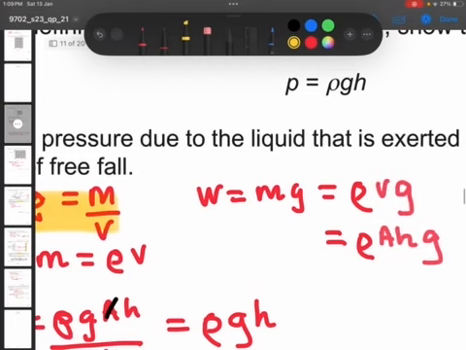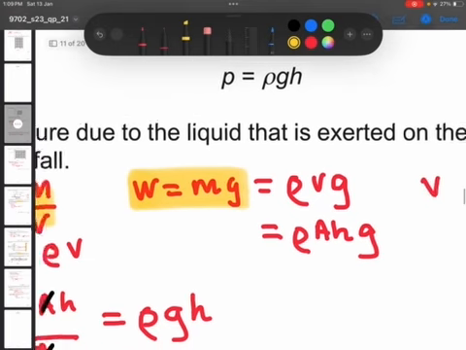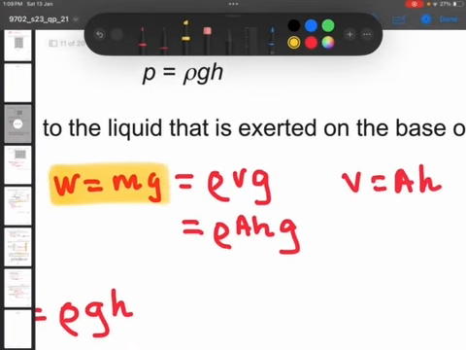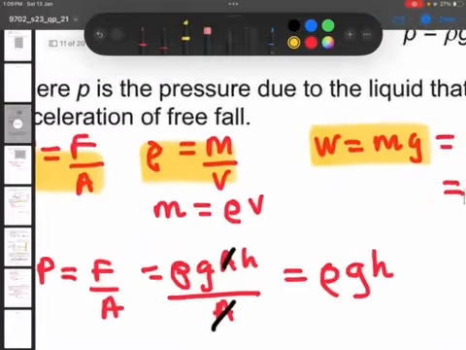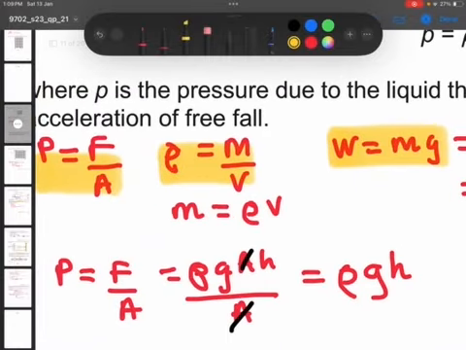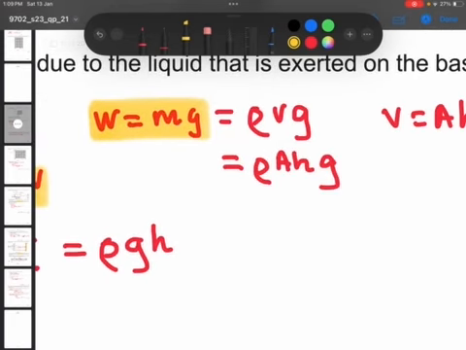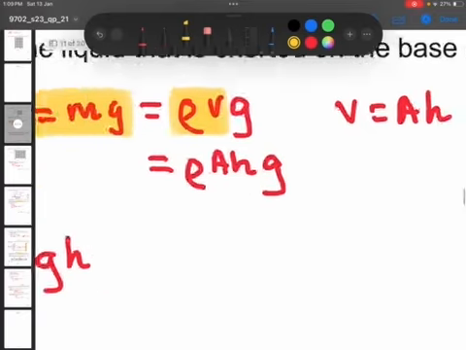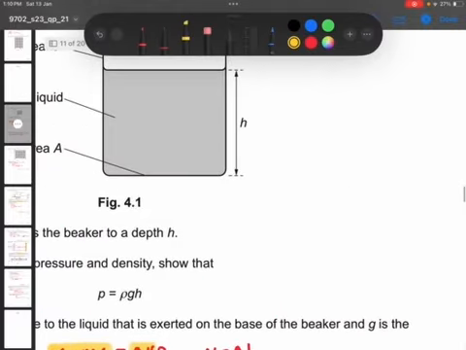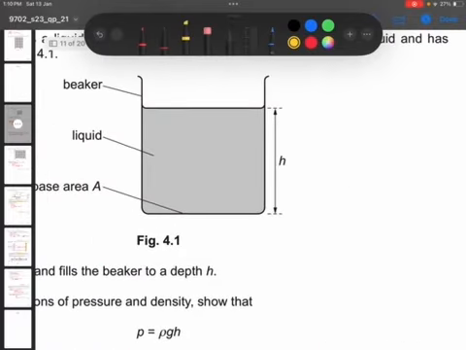So we go looking for weight. Weight is equal to mg, the mass of the liquid times the gravitational field strength. But do we know the mass? That's when the density equation comes into play. We make mass the subject of the formula. Mass is equal to density times V. Then where there is mass, we substitute rho V. But we also don't know the volume of the liquid.